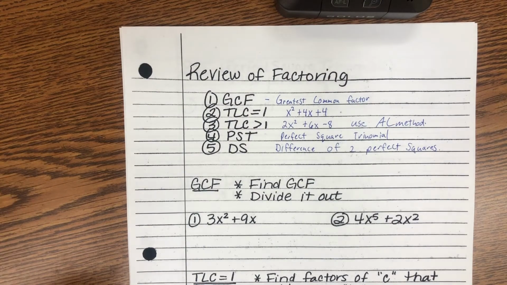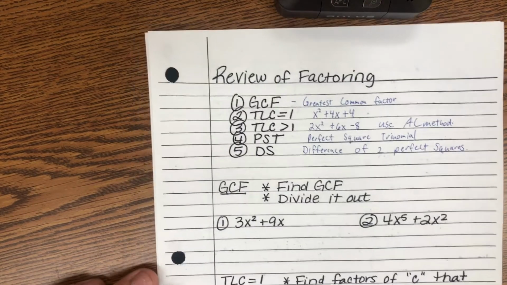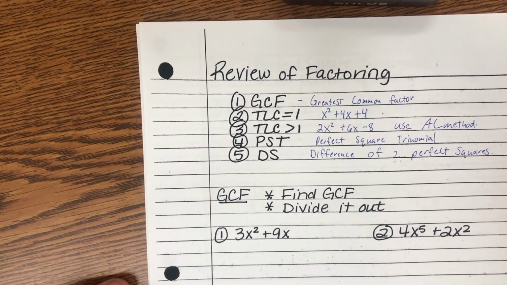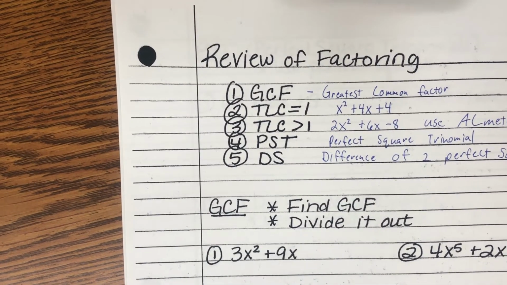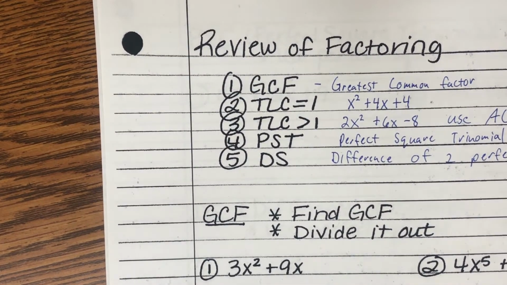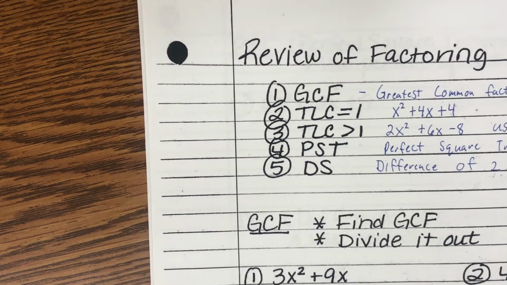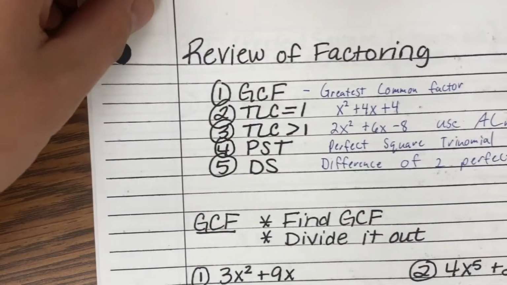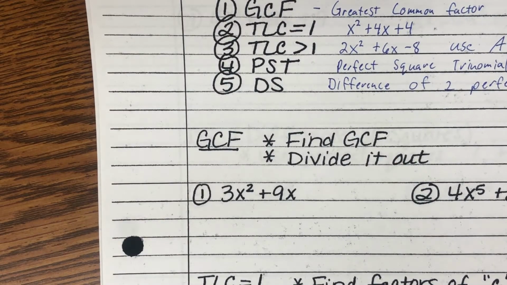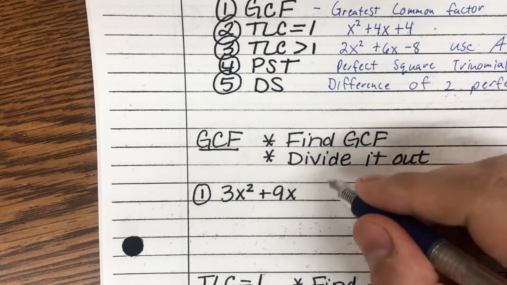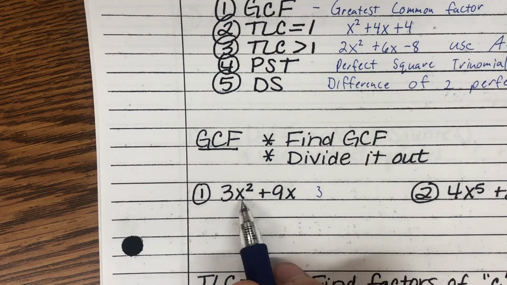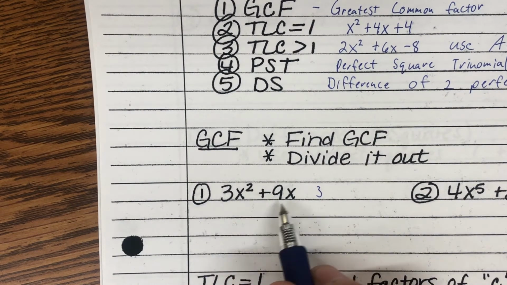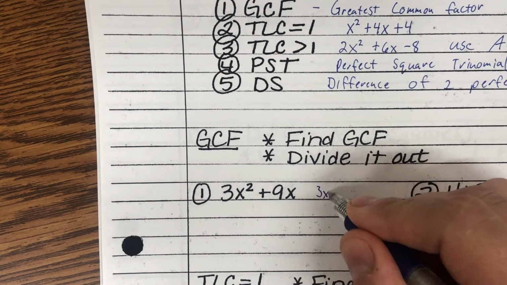The first one, GCF. So we're looking for a greatest common factor. If there is a greatest common factor, we want to pull that out first. So our first example says 3x squared plus 9x. Greatest common factor for those would be obviously 3. And the lowest exponent for the variable, we have an x squared and an x, we can take out a 3x.